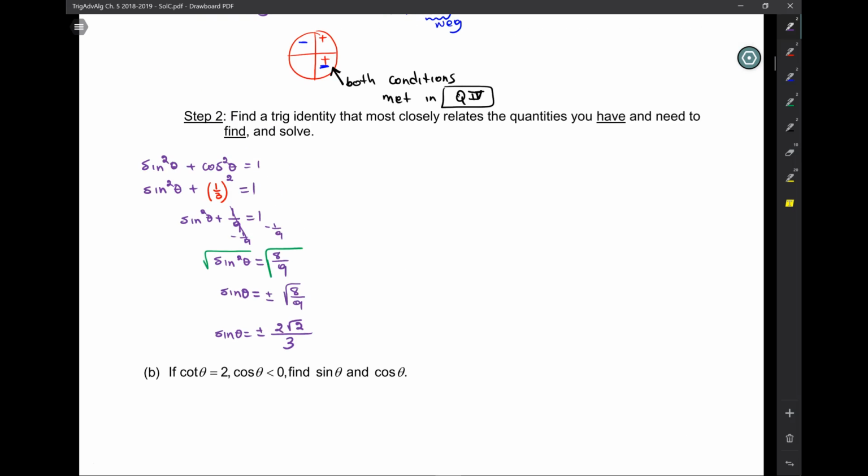But now, what's the deal with plus or minus? I need to get rid of the plus or minus. You remember here we said that our answer was in quadrant 4? In quadrant 4, is sine positive or negative? Negative. So sine is negative in quadrant 4.